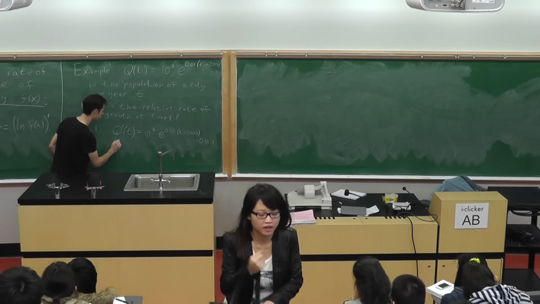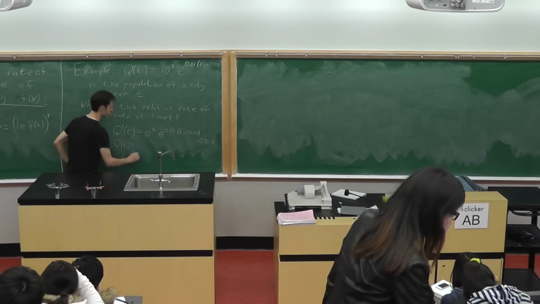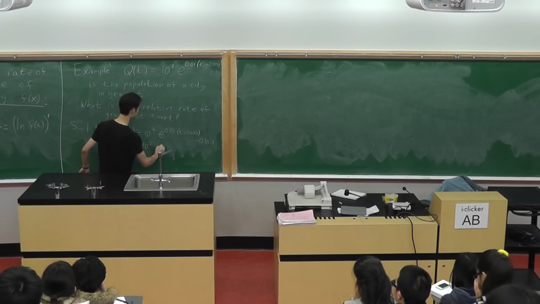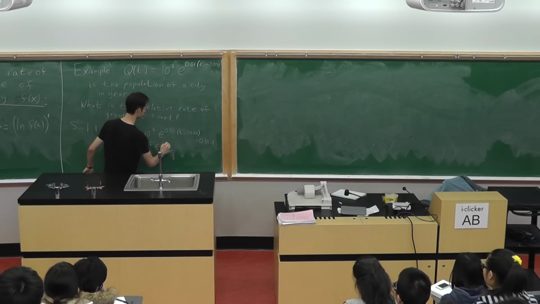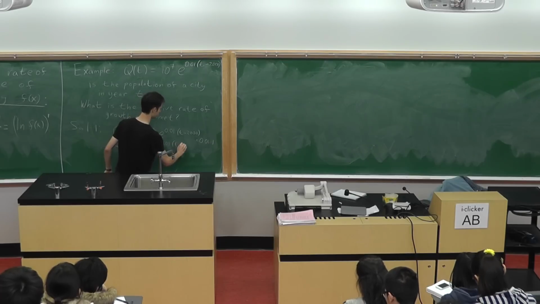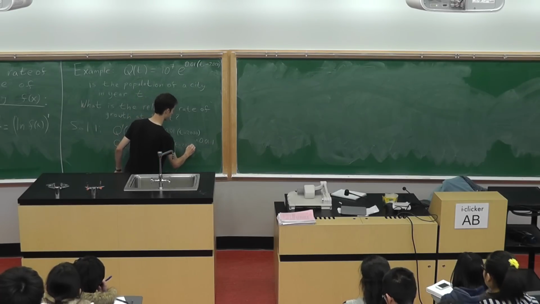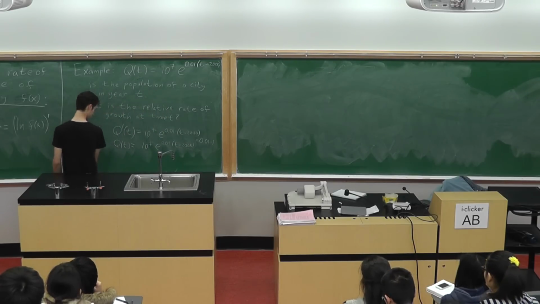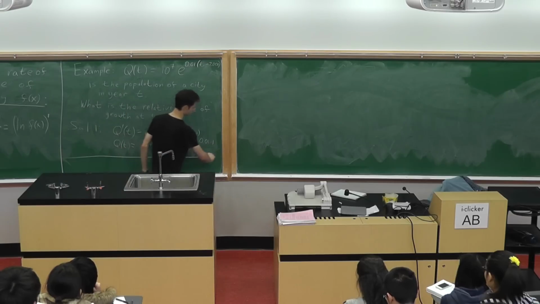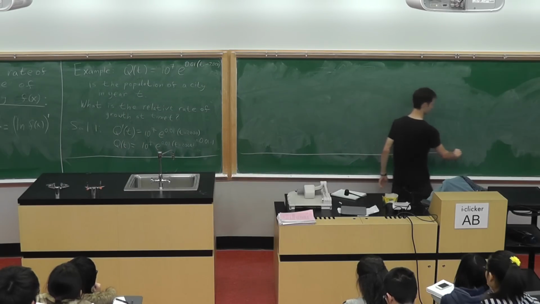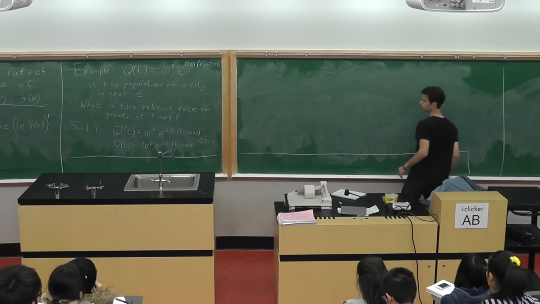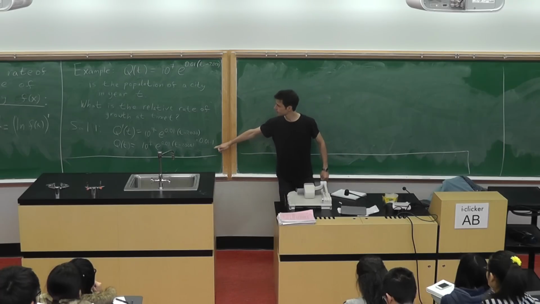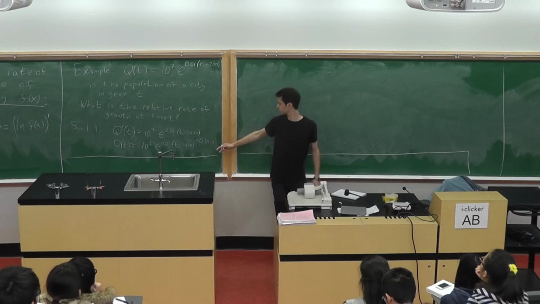Then the quantity itself, let me just copy, it's 10 to the power 7 e to the power 0.01 t minus 2000s. And now I should just take the quotient.